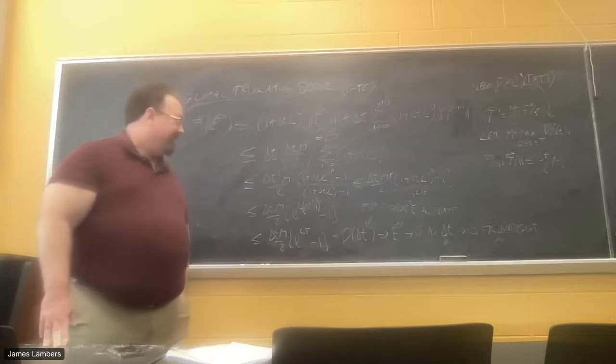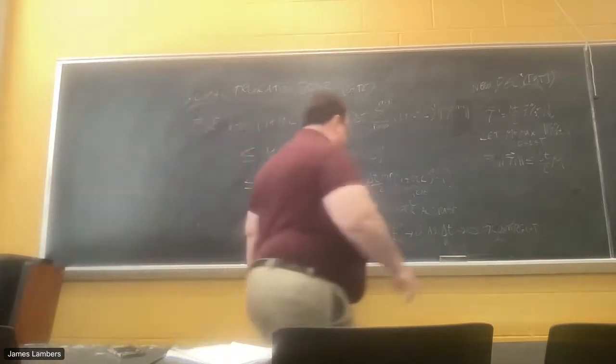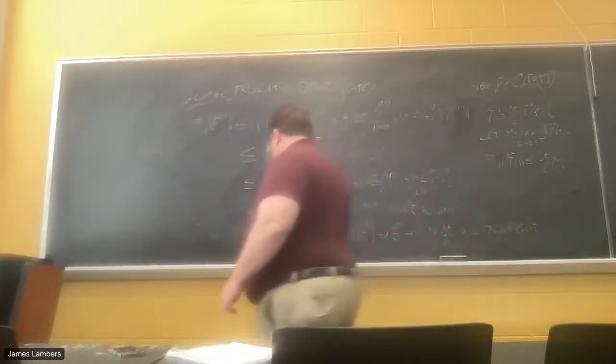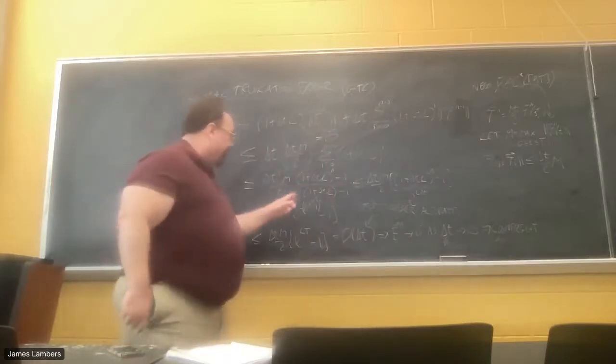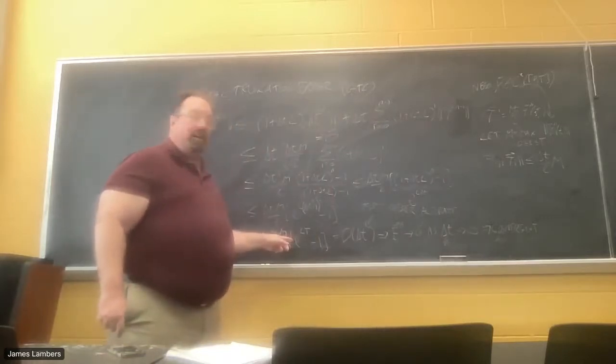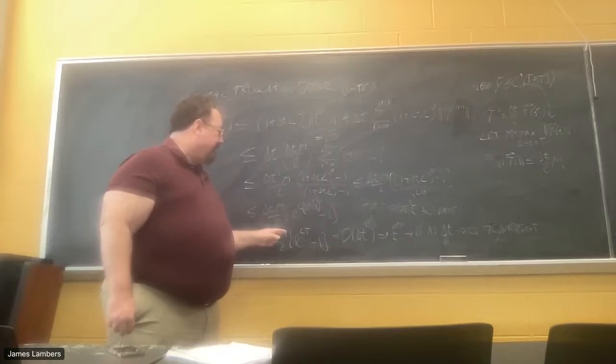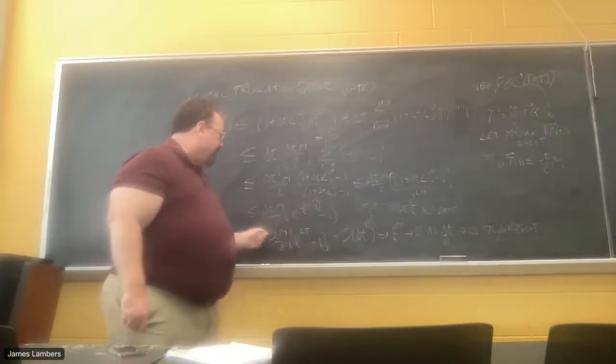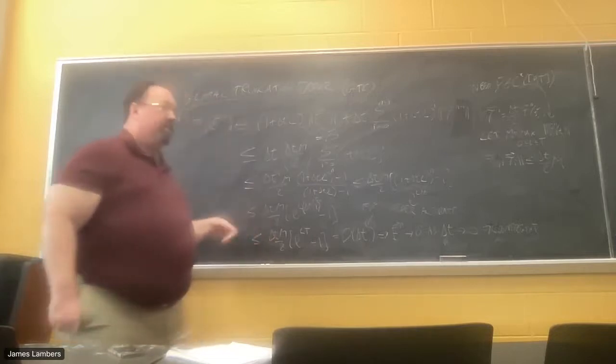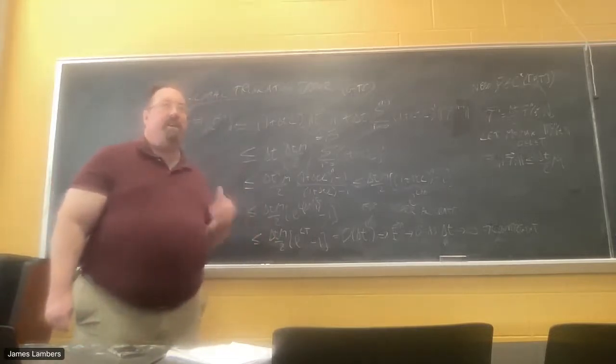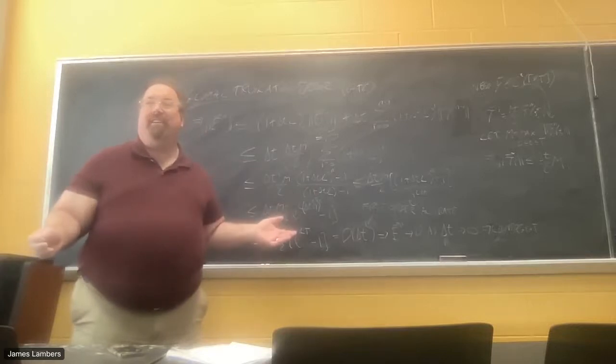Why did you replace t sub n by T? Just to get an upper bound. I guess you didn't absolutely have to do that, but at least this way, because what you want is to show your error is some power of delta t times a constant.